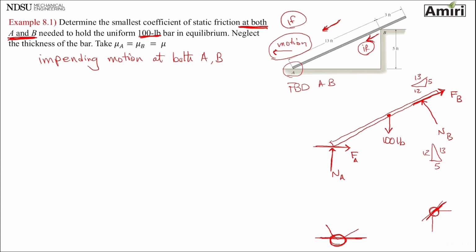Let's see, this 100, the slope triangle for that one should be 5 this way, 13, and 12. All right, so now I'm going back to my rigid body analysis, same as before. The unknowns that I have are FA, FB, NB, NA, and mu s.